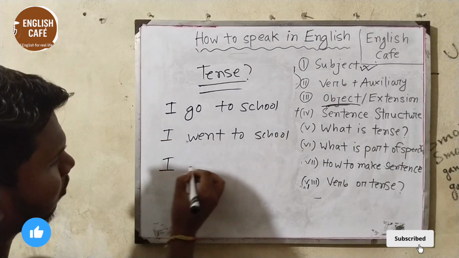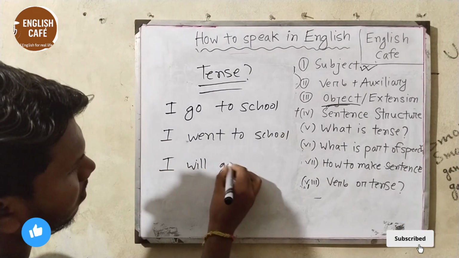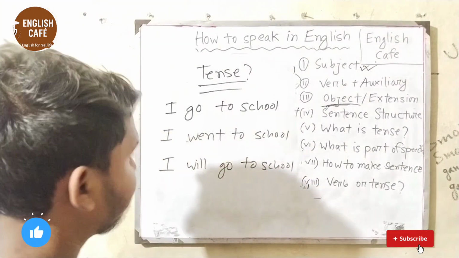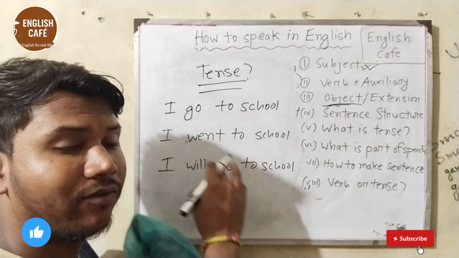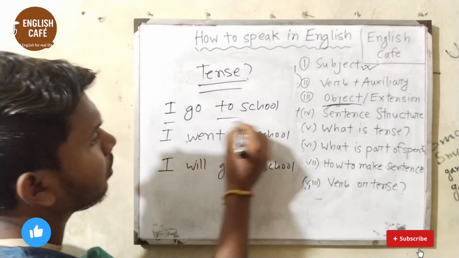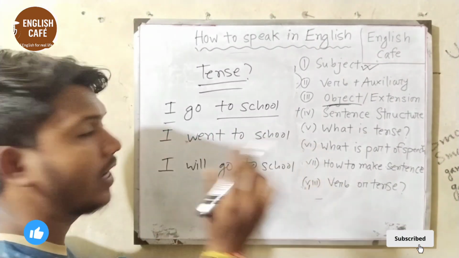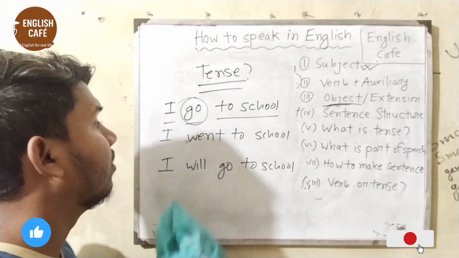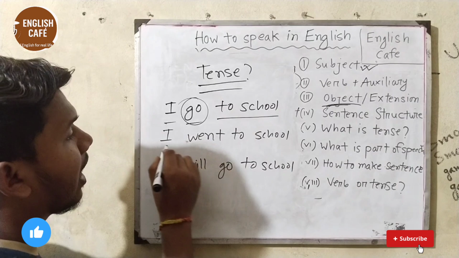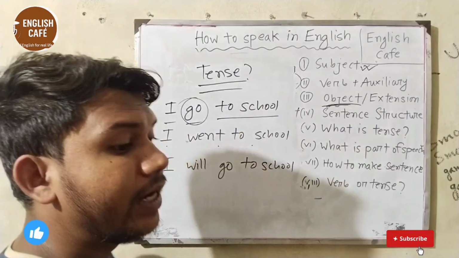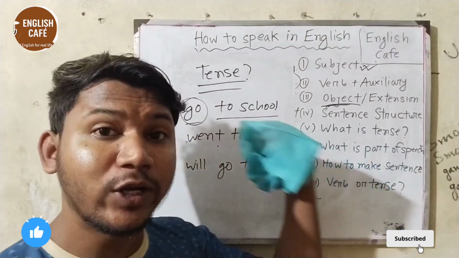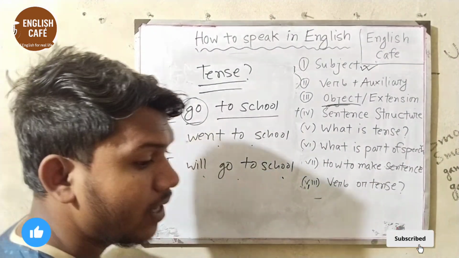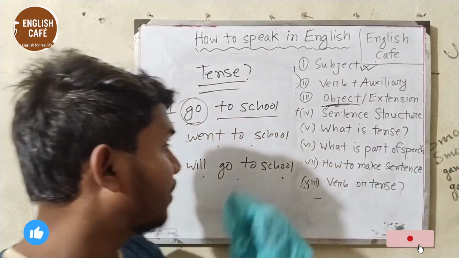The third one is I will go to school. So you can see 3 sentences I have written here. In I go to school, you can see I used the base form of the verb. Here the verb is go. And the second sentence is I went to school. That means it is expressing the past time. And the other one is I will go to school. That is expressing the future.